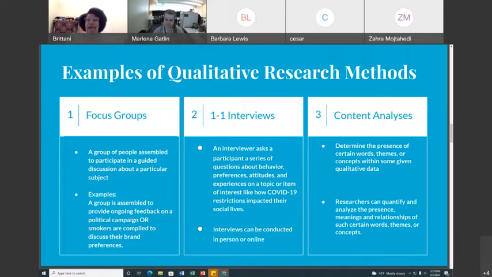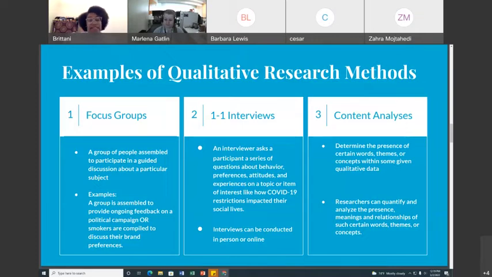In a content analysis, you're trying to determine the presence, or lack of presence, of certain words, themes, and concepts. Researchers can quantify after that or analyze what that presence or lack of presence may mean based on current understandings or relationships with certain words, themes, and concepts.